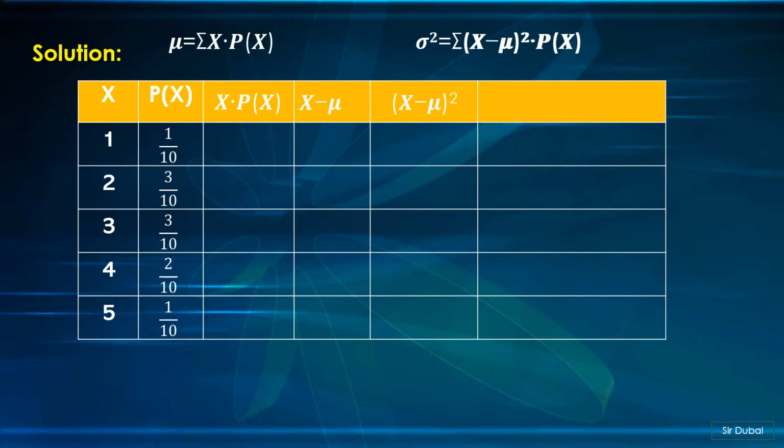And lastly, in this column, we have that one. Now, let's start to answer the corresponding columns that we filled up. We have that x, and for our p of x, that portion. So it means we're going to multiply all the answers that we have in that column.